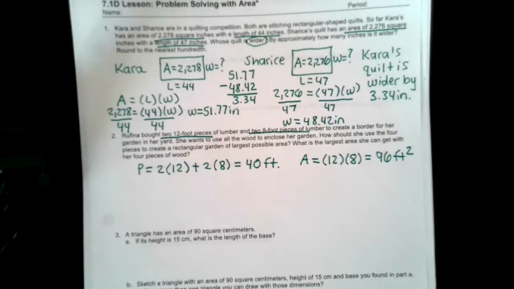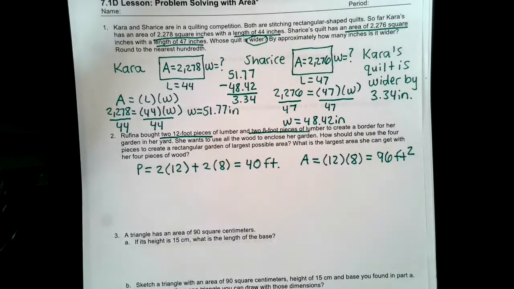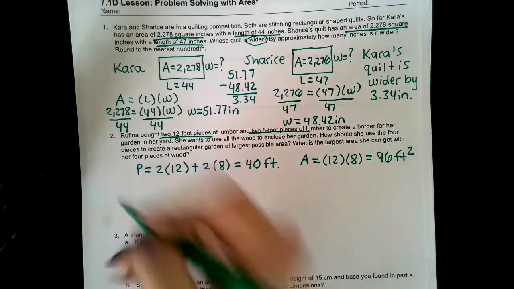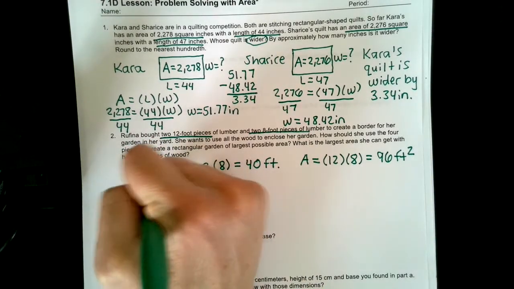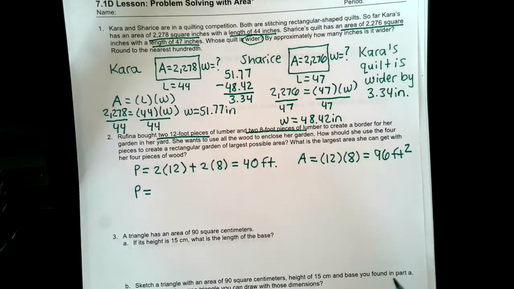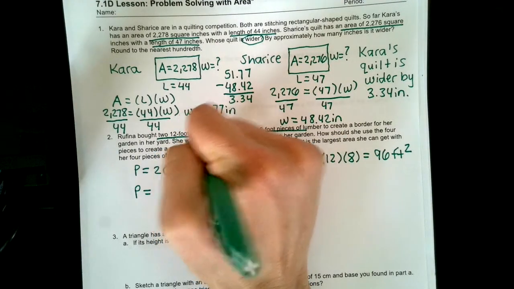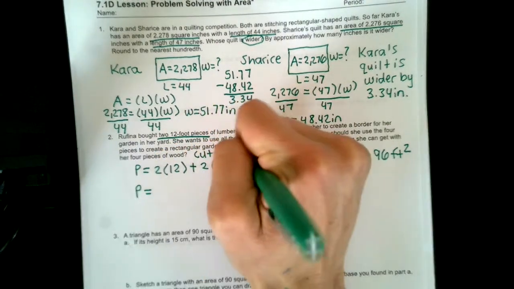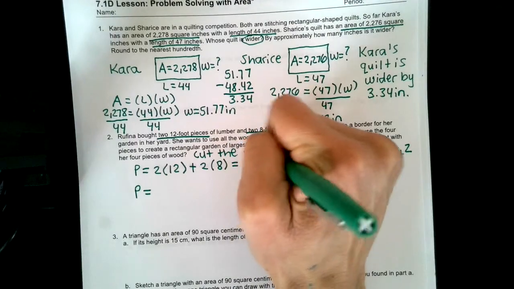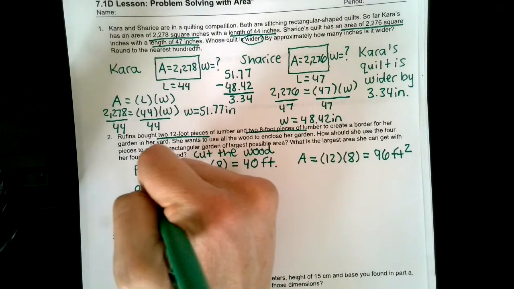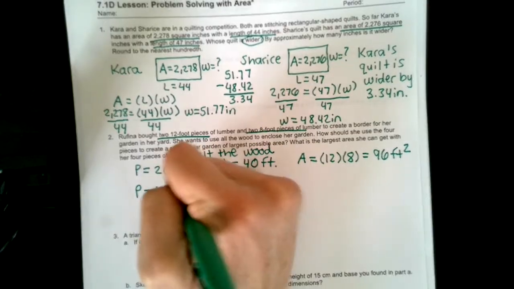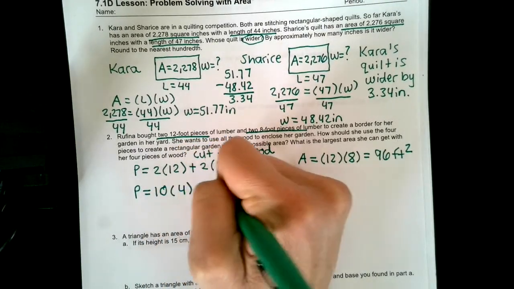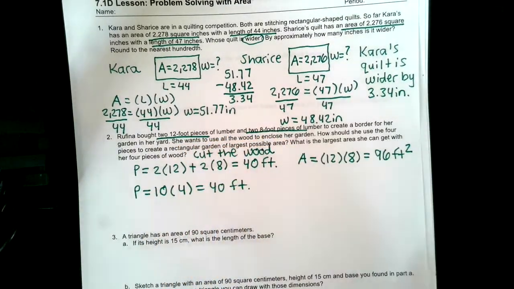So we can look at some other ways to maximize the area by looking at perimeters of other shapes that would also equal 40. Depending on whether or not you can cut the wood, let's assume that you can cut the wood. And if that is the case, then I can reshape the wood into pieces that are 10 feet long and 4 of them, making my perimeter also equal to 40 feet.